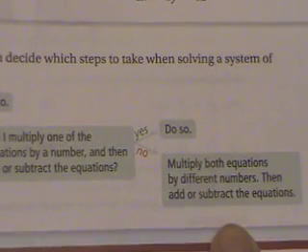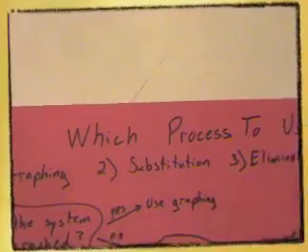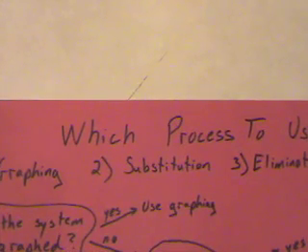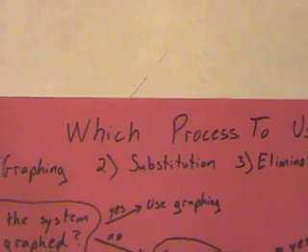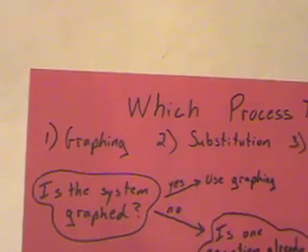The other flowchart that I think would be helpful at this point is this chart. Which process to use? You've got 3 of them now: graphing, substitution, elimination. You haven't yet started to figure out when to use which one, so I made you this handy chart. Start over here. Is the system graphed?